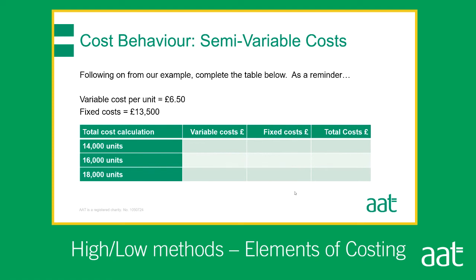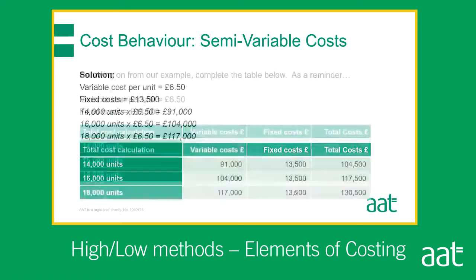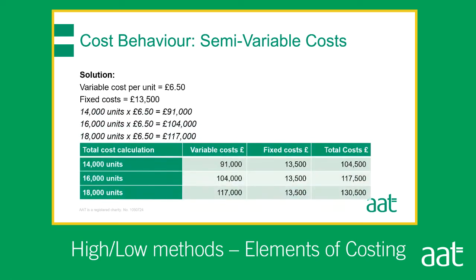He's gone 104,000 for the second one and 117,000 for the third one. Yes. Perfect. Well done, everyone. So there is confirmation of the answers there and the workings for the variable costs. Number of units times our variable cost per unit.